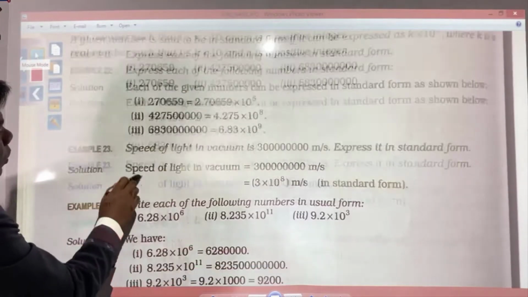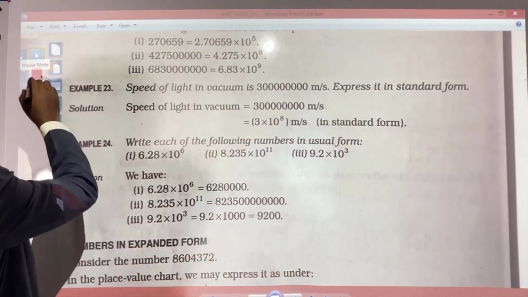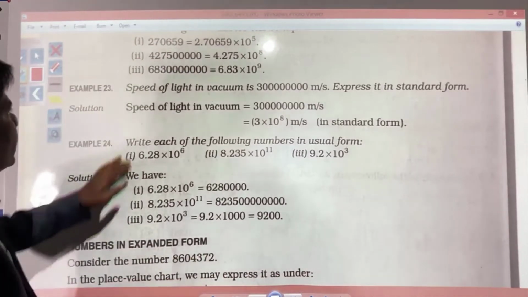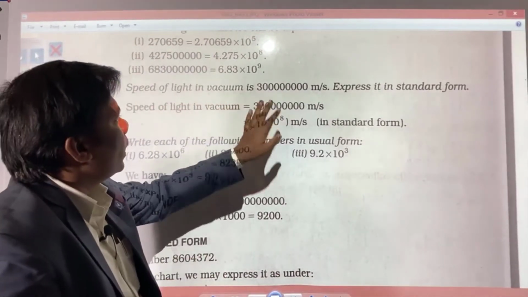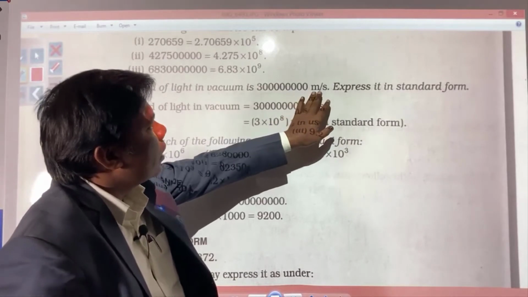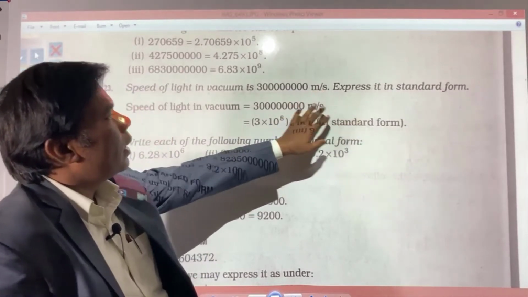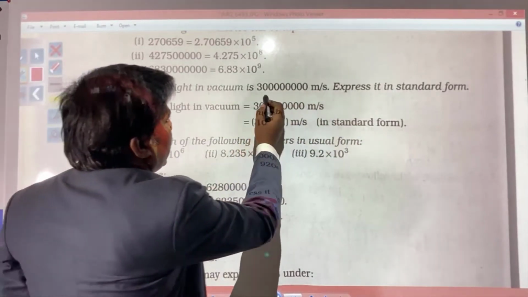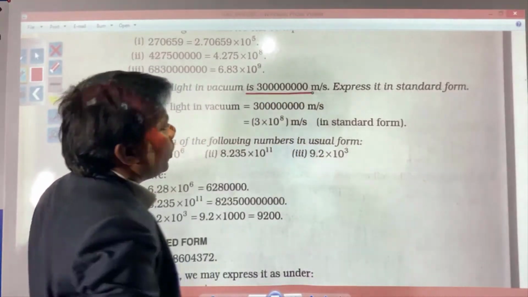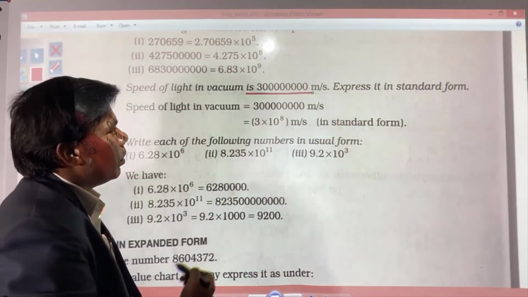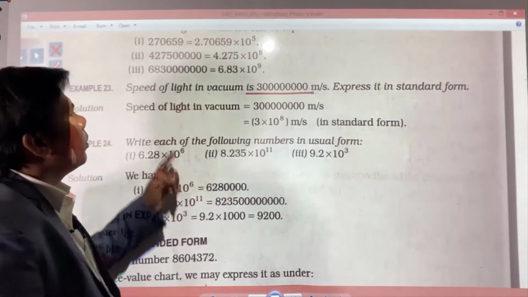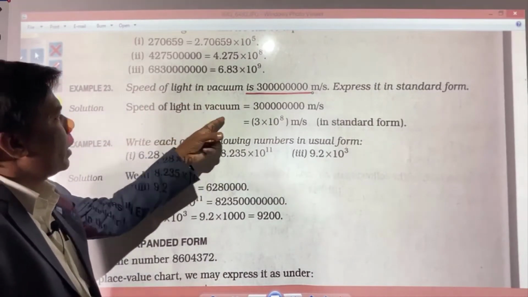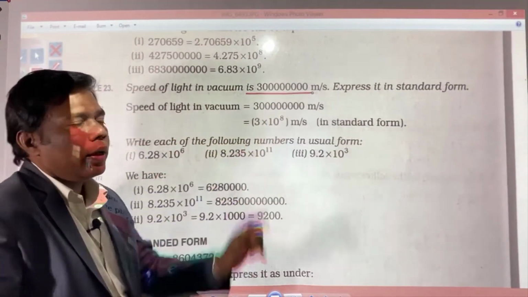I hope you understood. One example you have here: the speed of light in vacuum is this many meters per second, expressed in standard form. Here this number has been given, you need to express it in standard form, and you need to remember this also. The speed of light in vacuum is 3 into 10 to the power 8 meters per second.